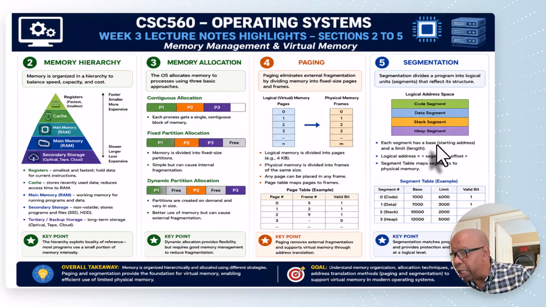So the key point, segmentation matches program structure and provides protection and sharing at a logical level. Key point on the page was paging removes external fragmentation and supports virtual memory through address translation. Again, translating a logical entity into a physical location. Both paging and segmentation are basically performing that type of function.